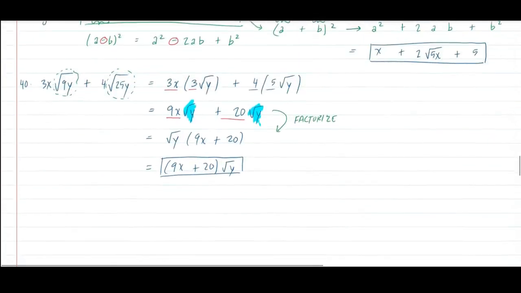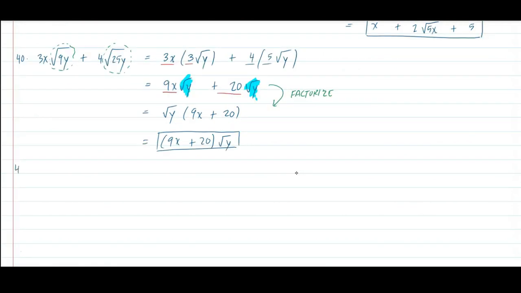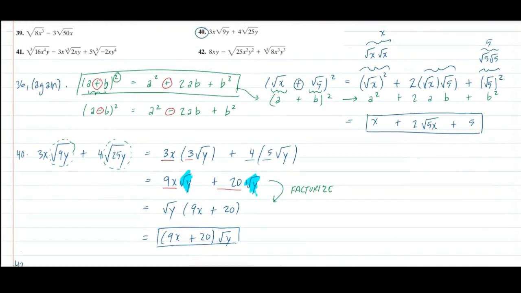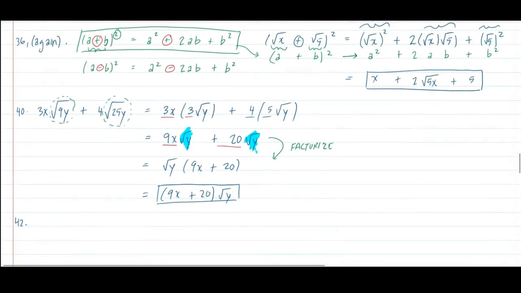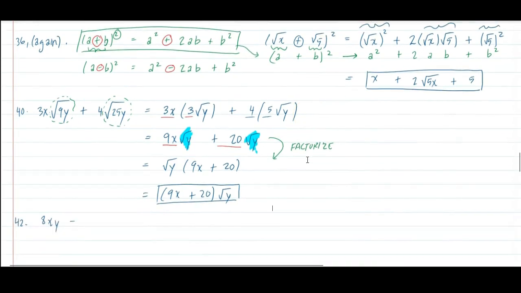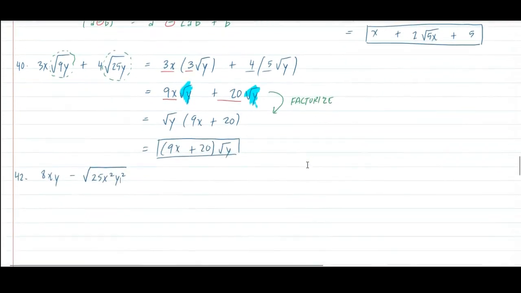Finally, we're going to do one last question, and we're going to wrap up with this lecture. Number 42. Actually, it turns out to be a relatively simple one. It says 8xy minus the square root of 25x squared y squared, and then added to the third root of 8x cubed y cubed.